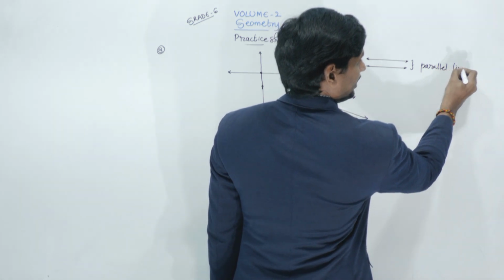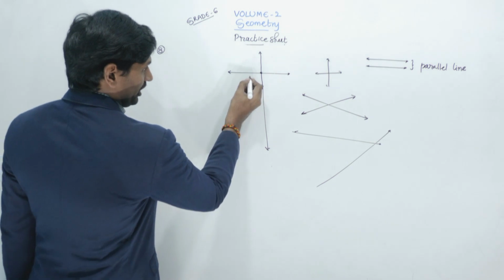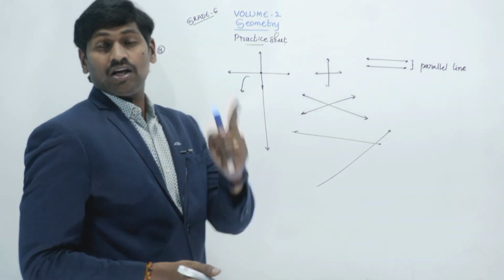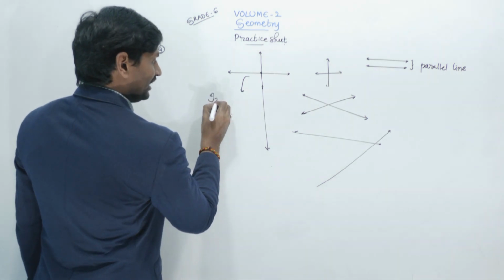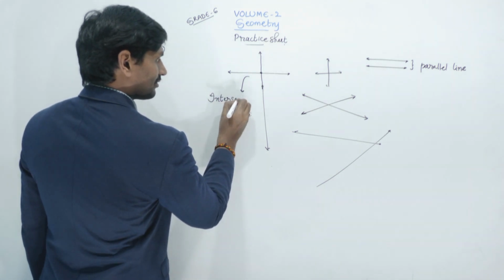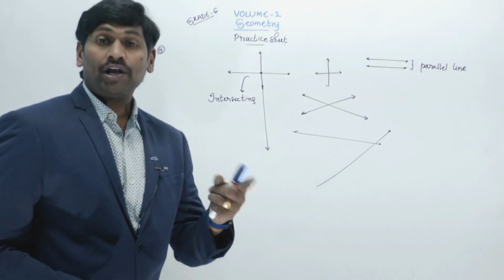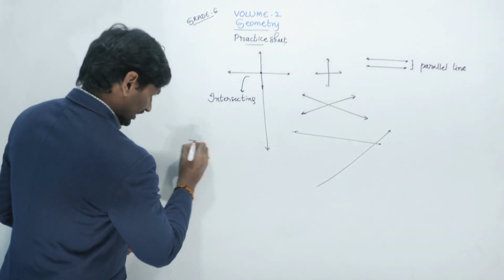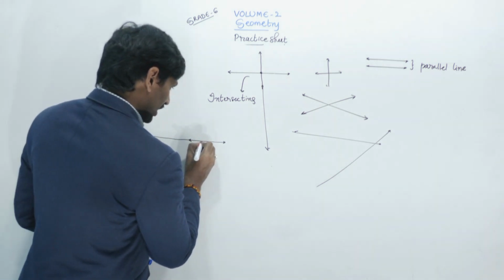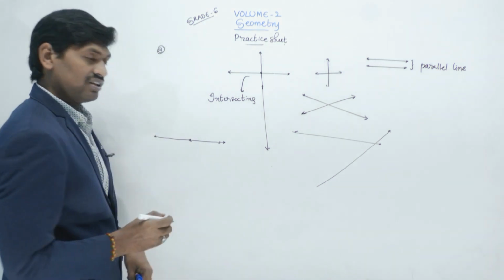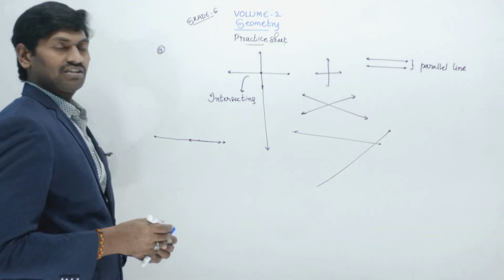There is no common point between parallel lines. And here there is one common point. One common point is nothing but intersecting lines. One more option is there: if you take one line like this and another line also lies on it, then how many common points will come? There are infinite common points.